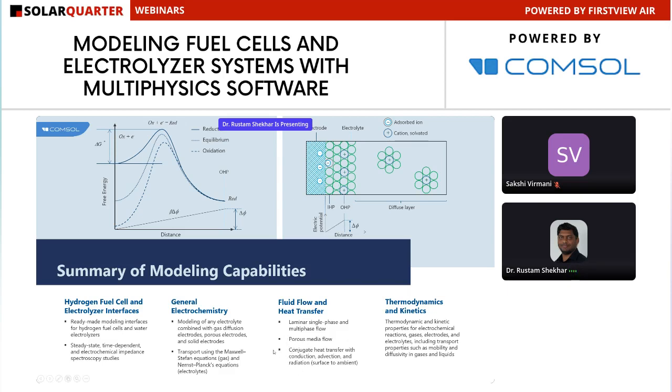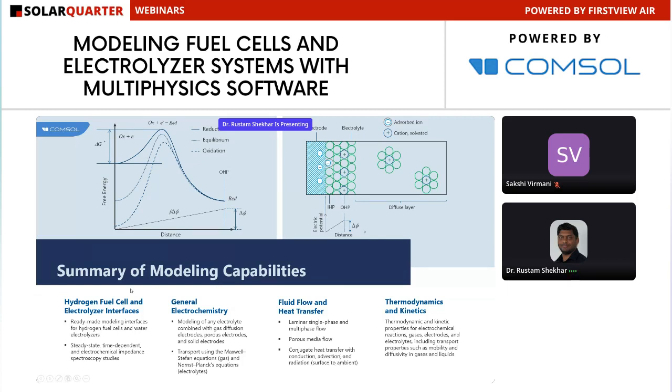When we talk about heat transfer, you can see conduction, advection, and radiation in some cases where you have the surface to ambient, where you want to cool down the fuel cells in cases where you have higher temperatures.